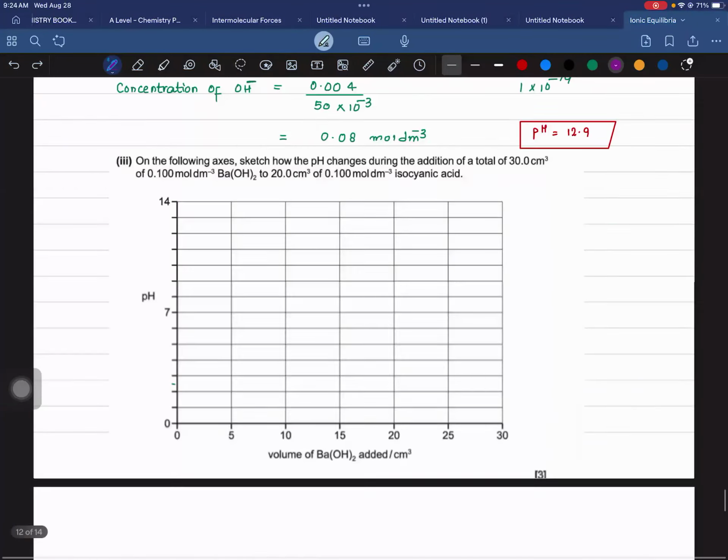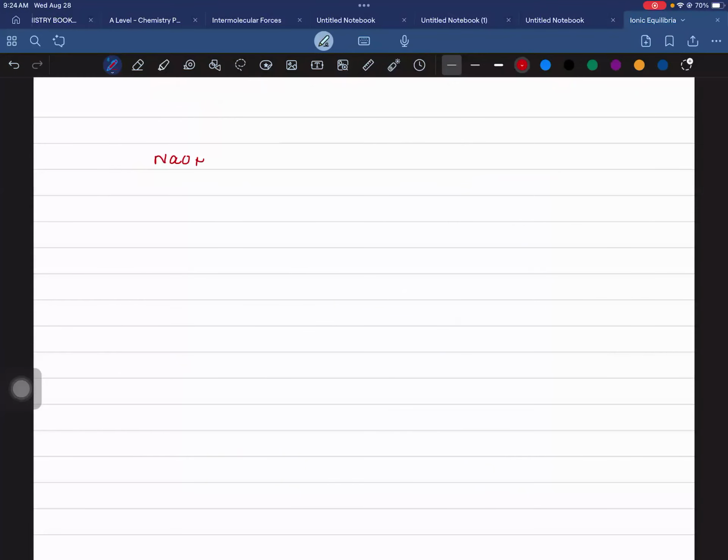I am going to react sodium hydroxide with hydrochloric acid. I need your attention. You know that sodium hydroxide is a very strong base, a very strong alkali, and hydrochloric acid is a very strong acid.